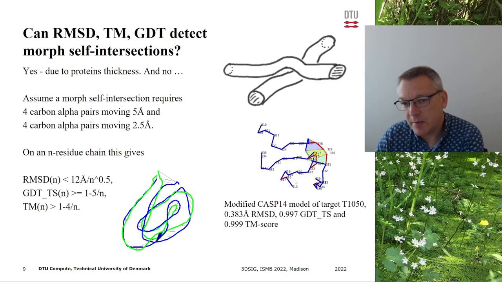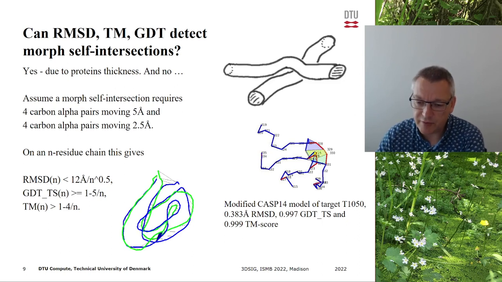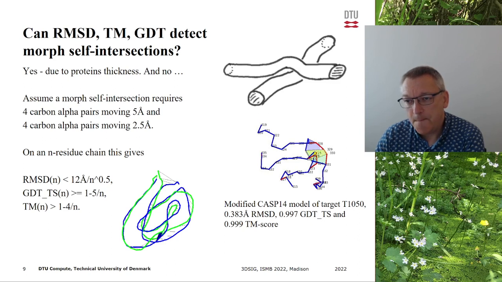An example here I made on a CASP14 model. The original model was at a distance of 3.5 angstrom, or a little bit less, from the target, so not so bad, meaning it had deviations of the size that you see here over most of the structure.